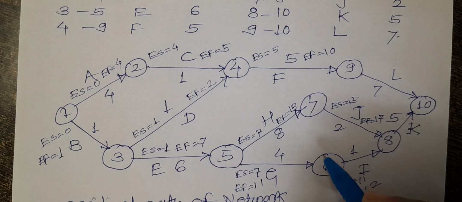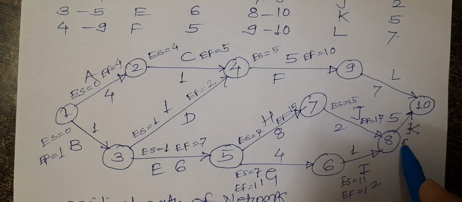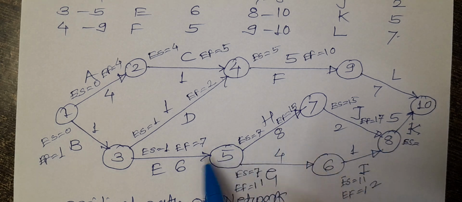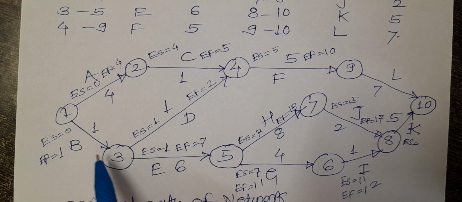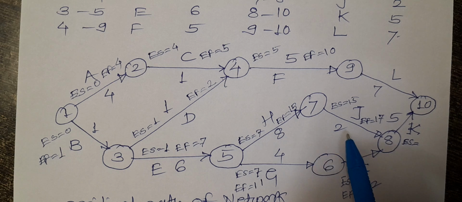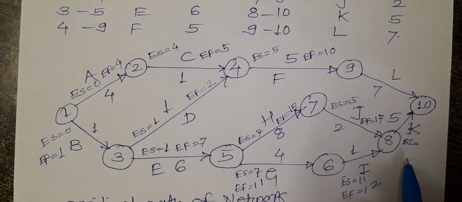So next is K. What is the earliest start time for this activity? We have to find the maximum value, and the maximum value may be in this path, 1 2 6 to 8 to 2, like this. So 8 plus 2, 10 plus 16 and 17.